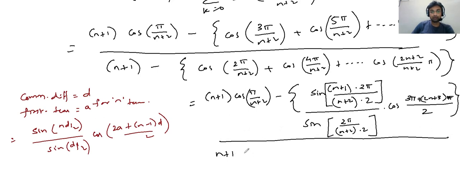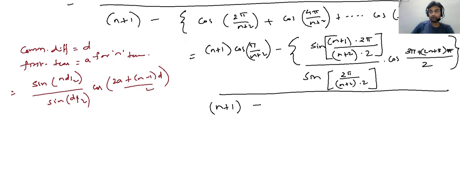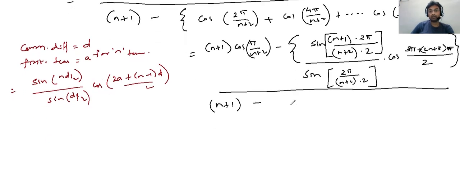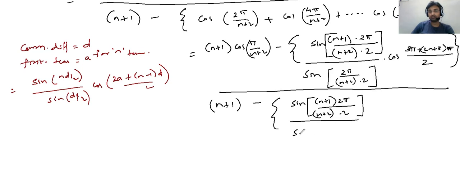So n plus 1 over here in the denominator minus, I'm gonna do the same thing what I did in the numerator. I'm gonna apply this particular formula. It's gonna become sine of, again n plus 1 terms are there, so n plus 1, common difference is again 2 pi divided by n plus 2 multiplied by 2, whole divided by sine of 2 pi divided by n plus 2 multiplied by 2, again cos of, let's just say first term is 2 pi, last term is 2n pi plus 2 pi.